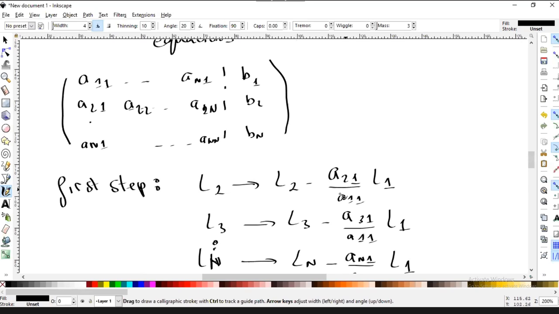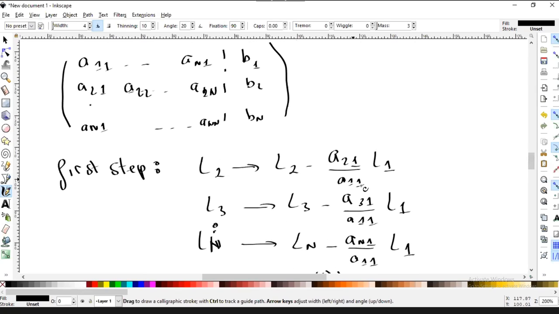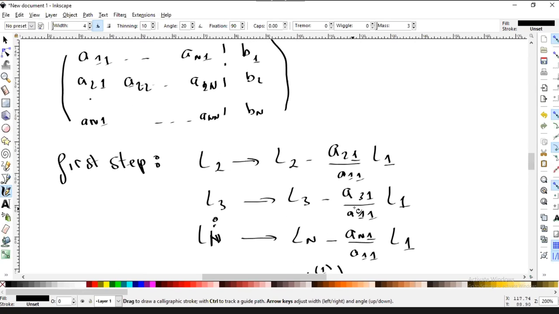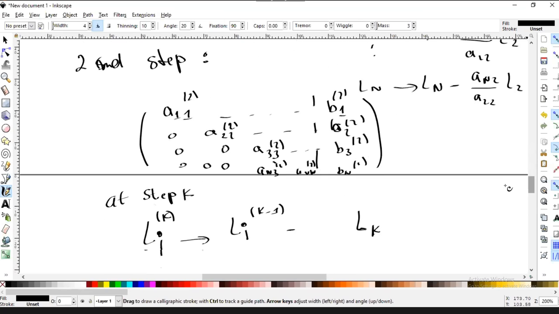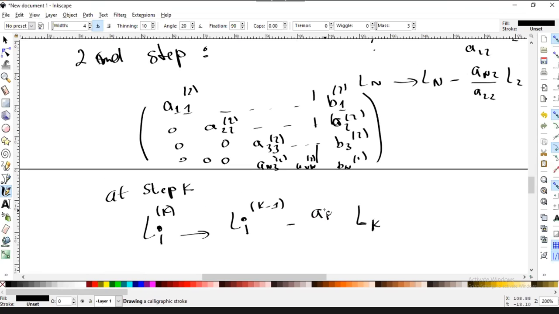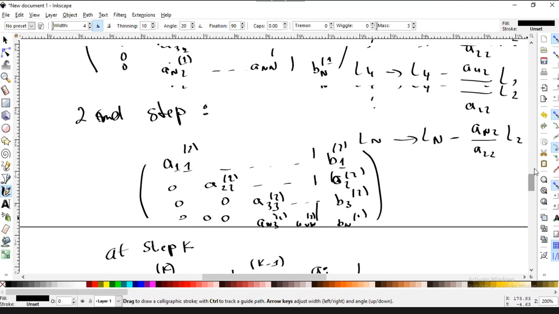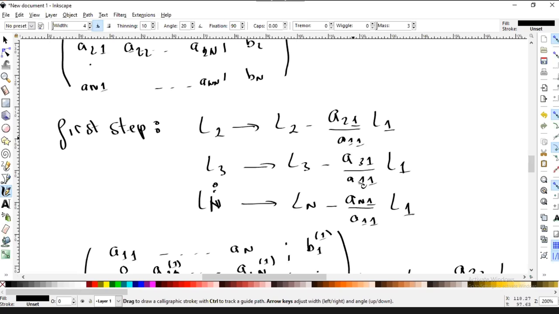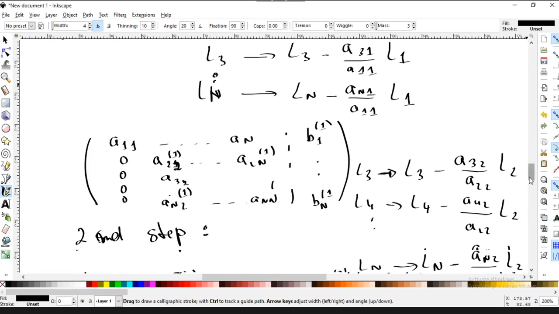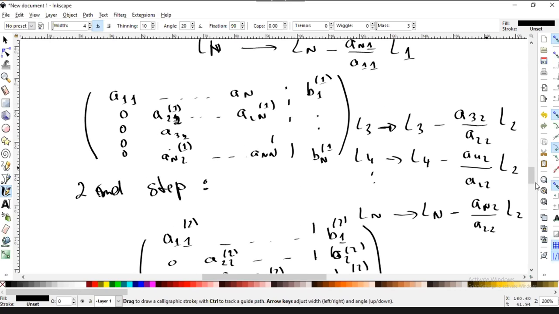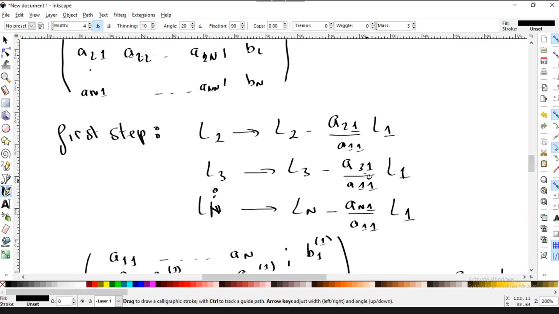So for the line L2, at the first step, we're subtracting A21, A31 for the line L3, etc. So it's AIK over AKK. At the second step, it's A32, etc. You can see here.